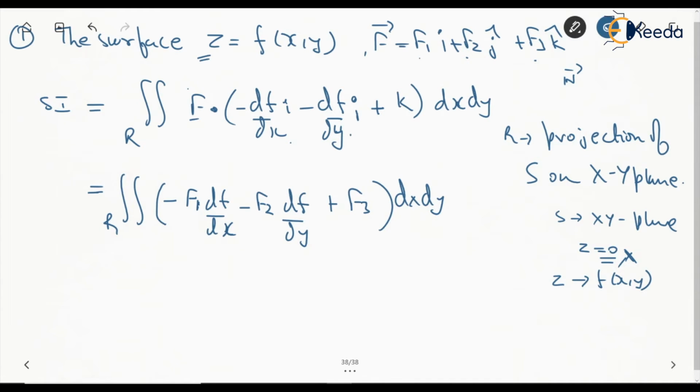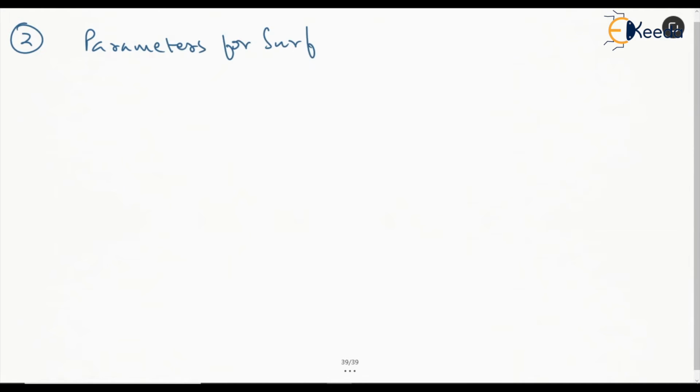Other than that, the second method is when we have parameters for the surface.